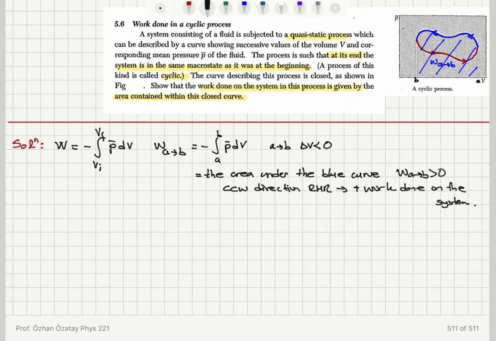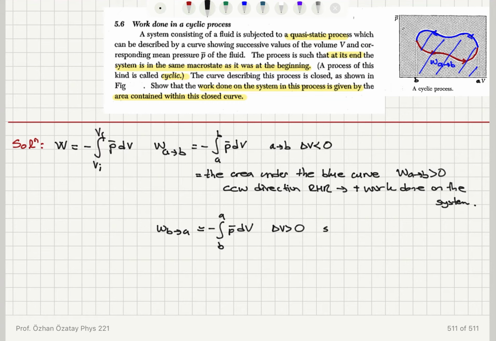Okay, and how about the work done from B to A? Going back from B to A, we have again minus the integral from B to A of P bar dV. Here this is the lower curve, and here delta V is positive, so P bar times delta V will be positive, so the work done will be negative.